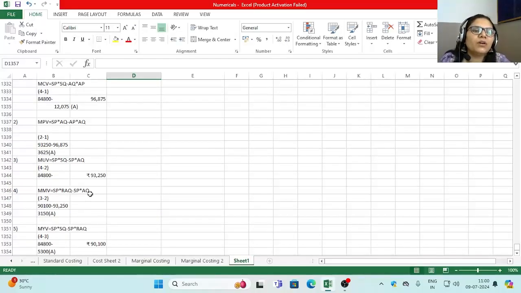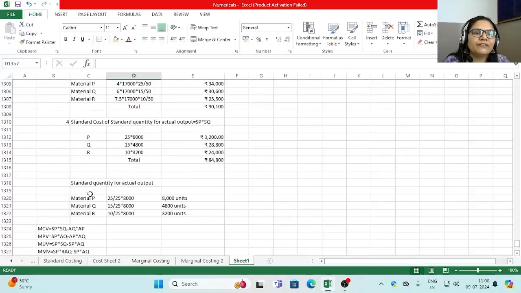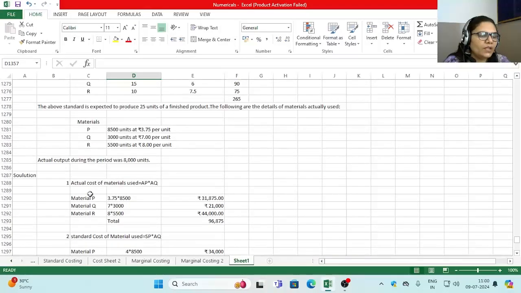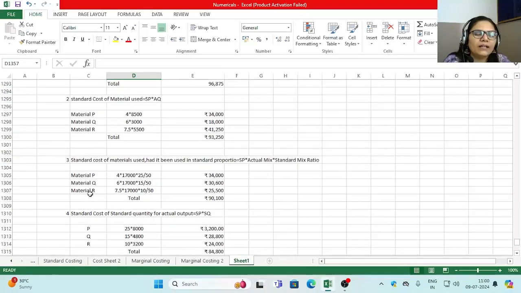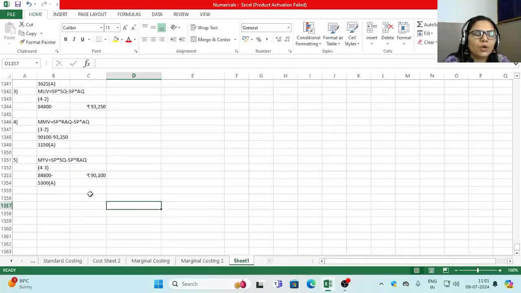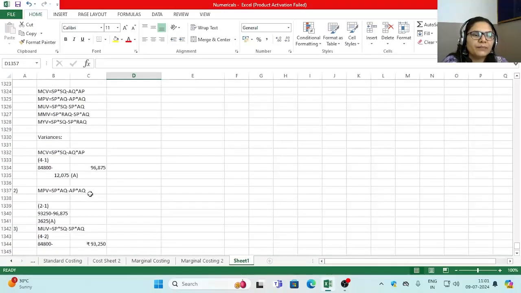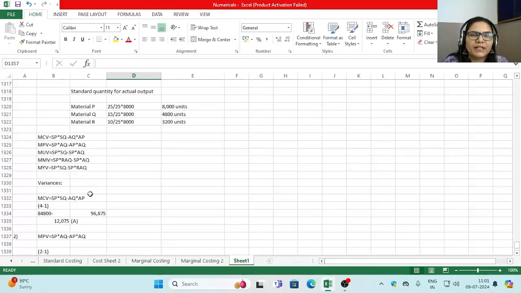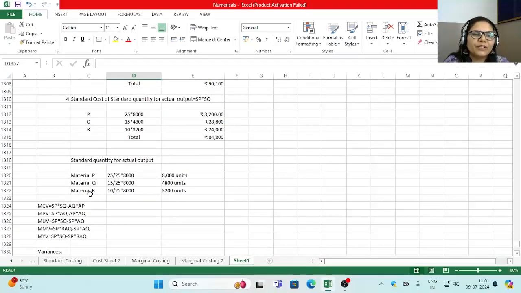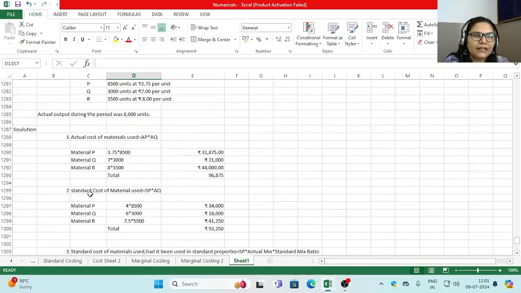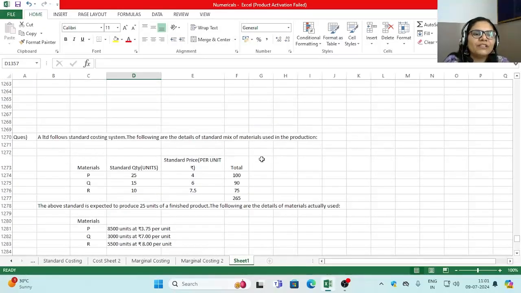So this is all about the variances we have calculated. There was a lot of calculation, and a lot of inputting of values in the formula, so some confusions might remain in your mind. In order to remove them, let us brief up the question again. I'll explain it again. We have this question in front of you, which says A Limited follows a standard costing system.